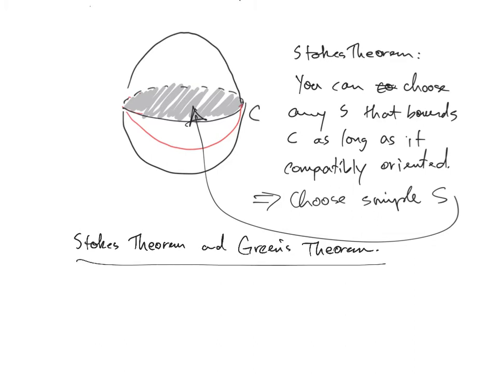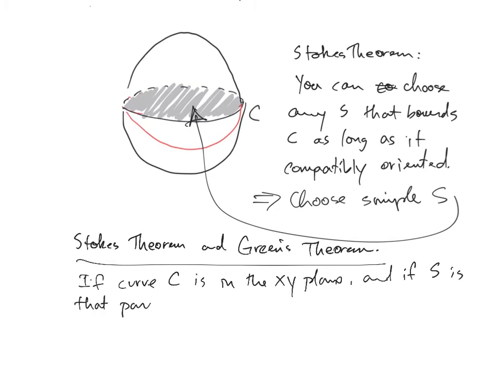Okay, well, if curve C, over which you calculate this line integral, is in the xy plane, and if our surface S is that part of the xy plane bounded by C. So maybe C is a circle in the xy plane.